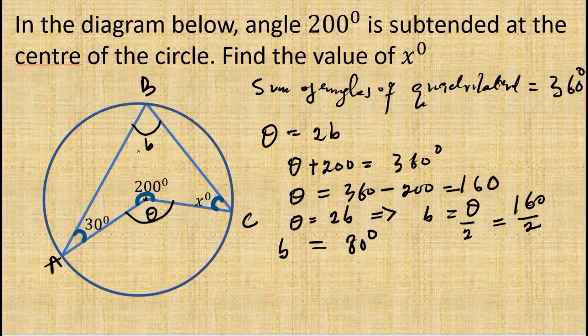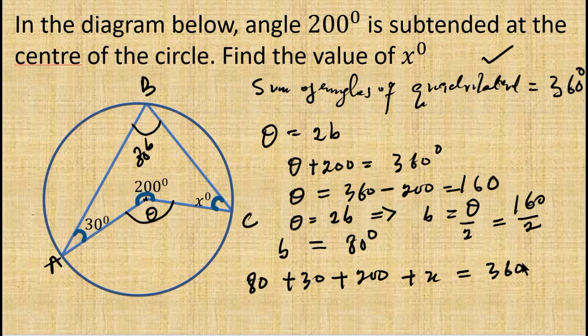Now, if angle at B is 80 degrees, I will know that the sum of angles in a quadrilateral is equal to 360. That tells me that the sum of angles in the quadrilateral, 80 plus 30 plus 200 plus x equals 360 degrees. 80 plus 30, that's 110. 110 plus 200, that's 310, plus x equals 360 degrees.